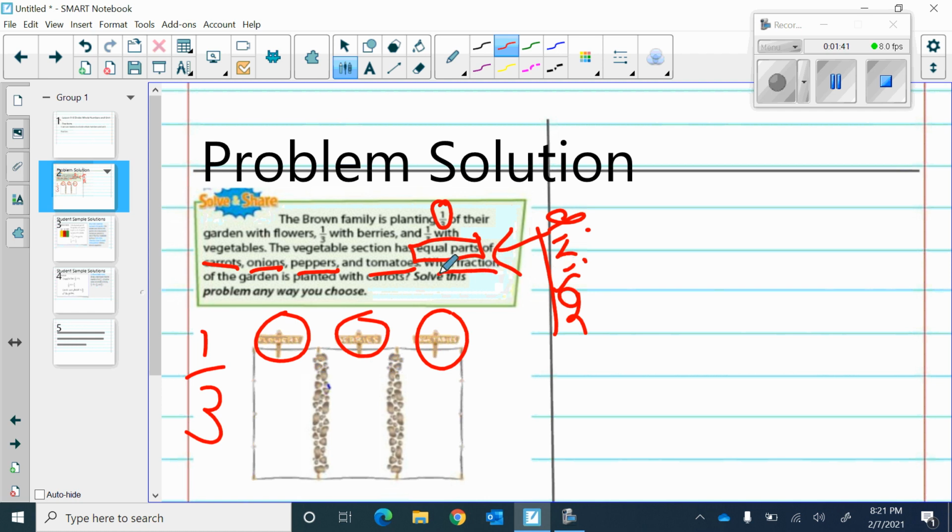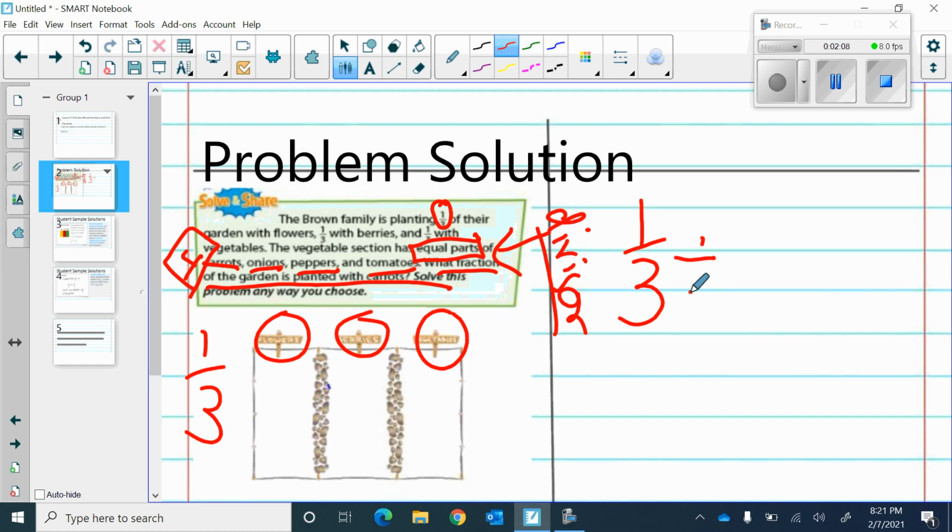Then it says, what fraction of the garden is planted with carrots? So our divisor that we're splitting into equal parts is going to be 4 because the vegetable garden is carrots, onions, peppers, and tomatoes. So when we talk about our dividend, we're going to have 1/3 written first because that is what we're breaking apart.